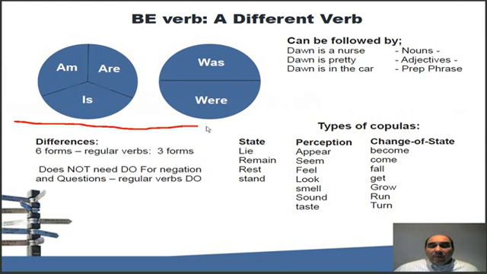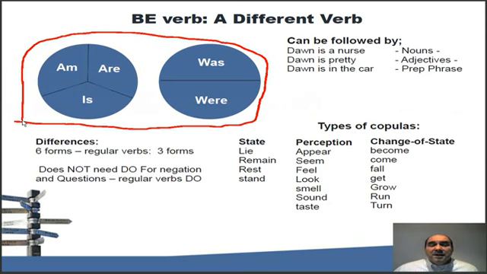So here's the be verb. How many parts do we have to this? Well, we've got 5 listed here, right? Am, are, is, was, and were. We also have just the straight be verb, often put into an infinitive. A typical verb only has 3. It has the infinitive, it has the past, and it has a third-person singular. And so right away you see that this verb is just different.